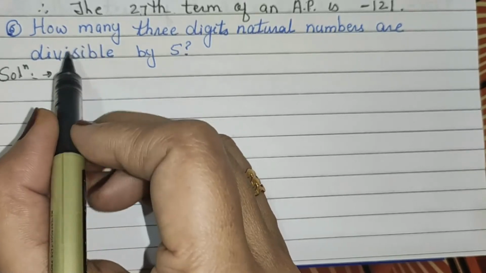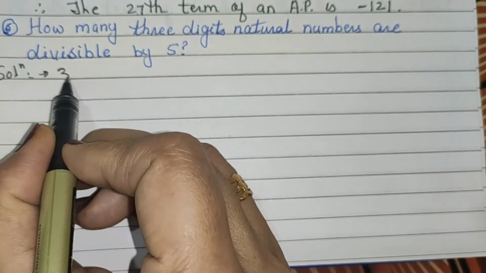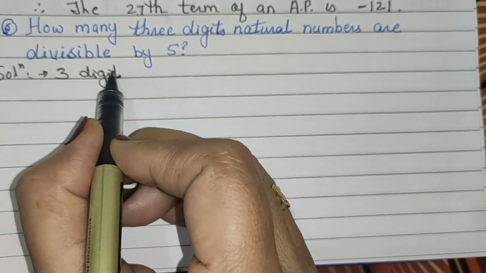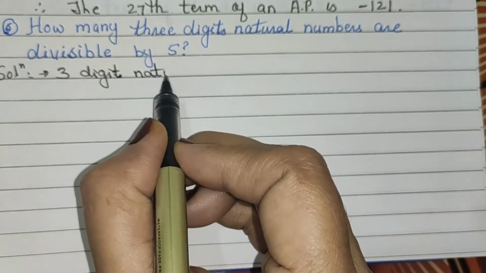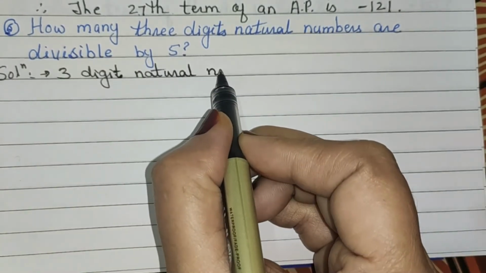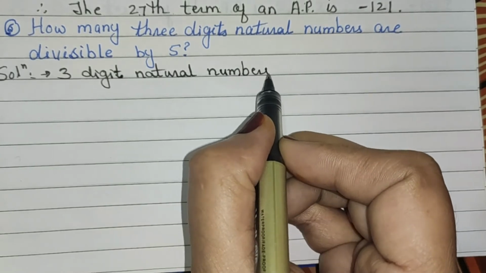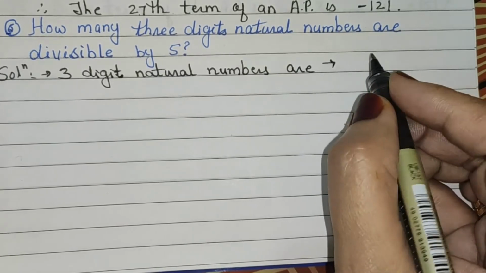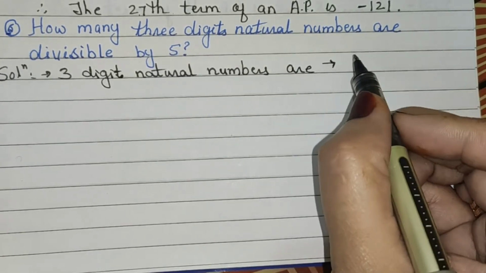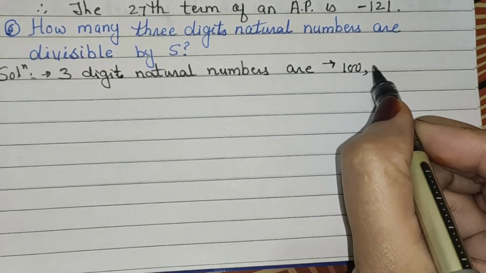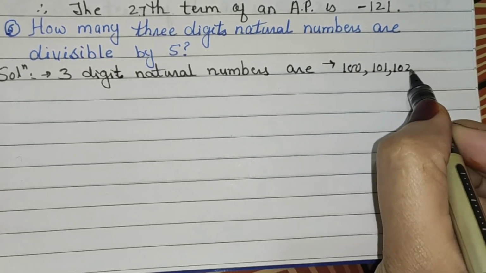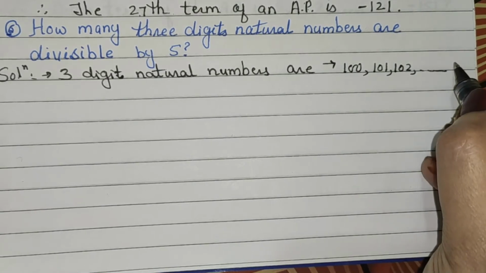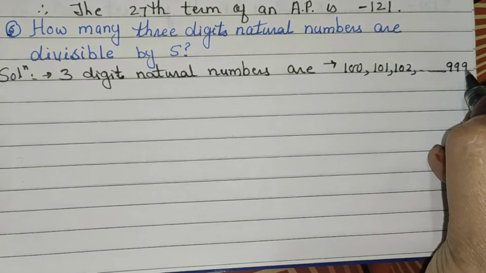3-digit natural numbers are. Now the smaller 3-digit natural number is 100, 101, 102, and the greater 3-digit natural number is 999.